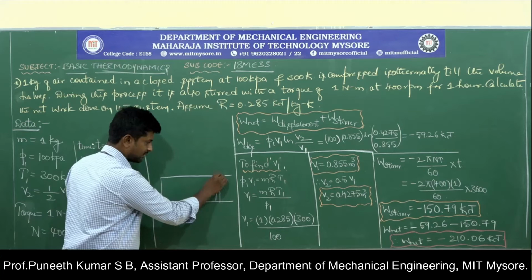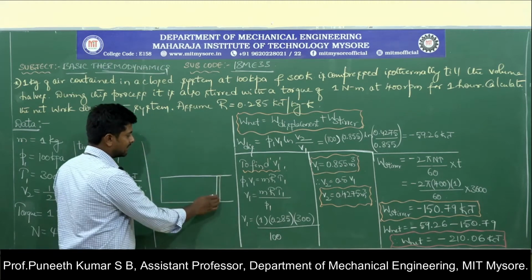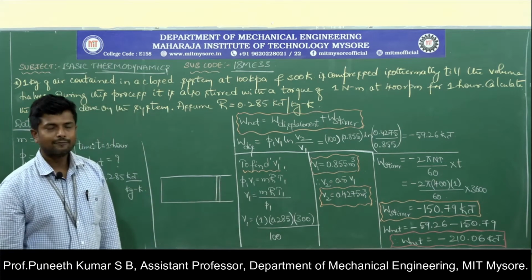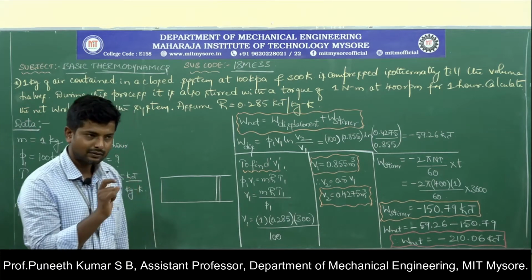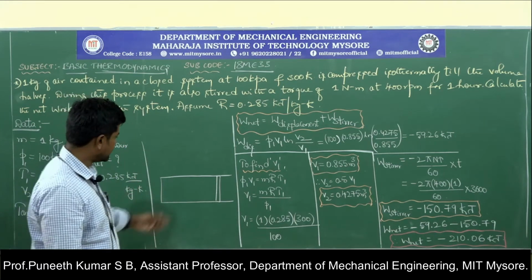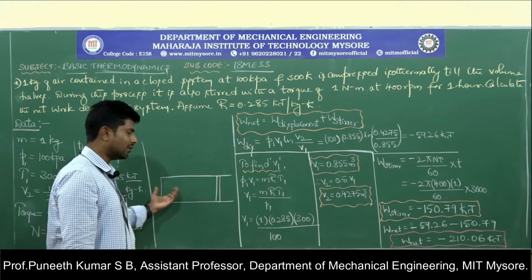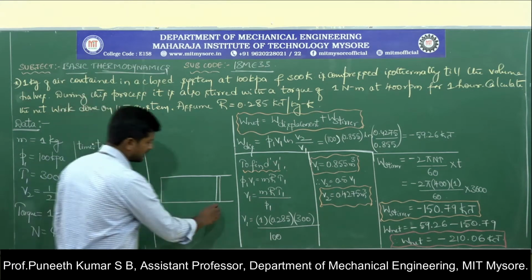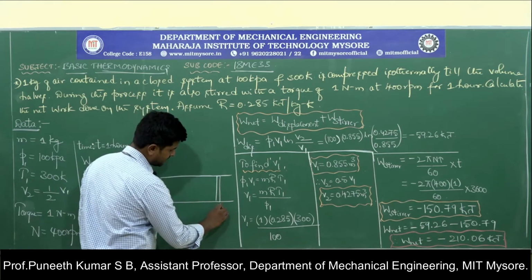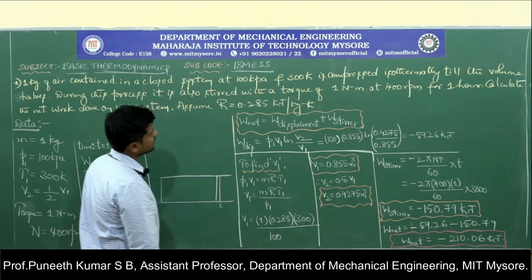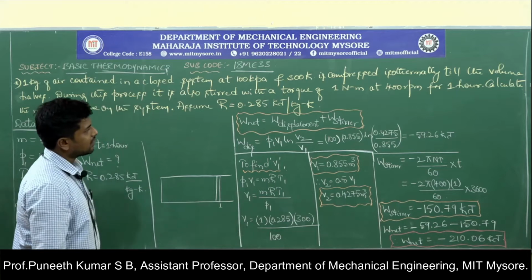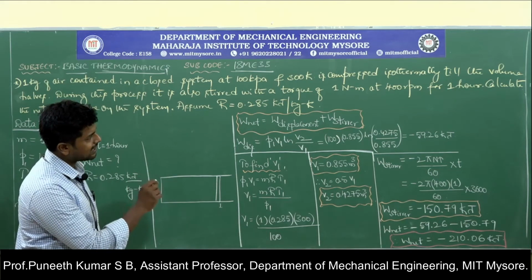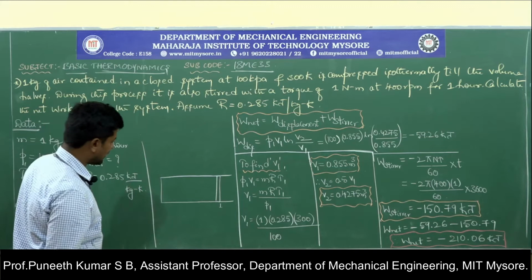The piston initially is at higher volume and finally it comes down to minimal volume, or the volume will get reduced. So here I will mark it as state 1 position of the piston. So after compressing the gas isothermally till the volume halves.